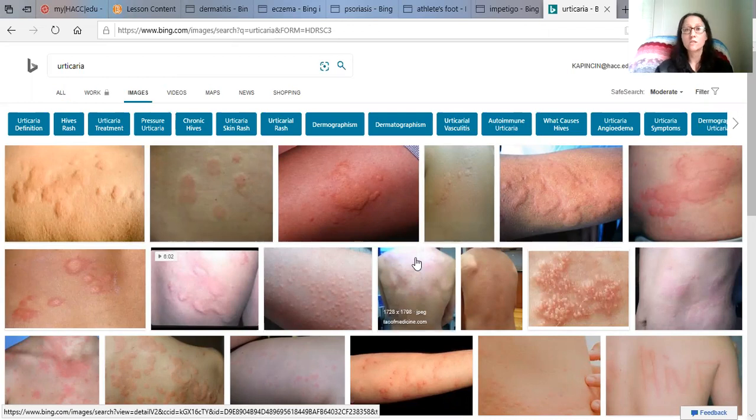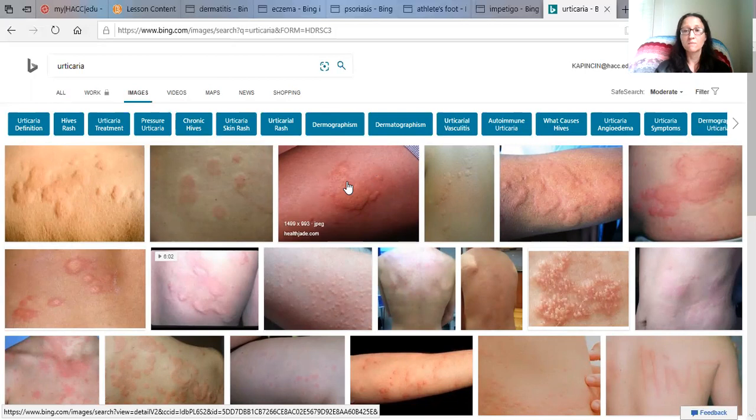Hives are allergic reactions, but the difference between a hive and some other kind of allergic reaction is that a hive or urticaria produces these raised, inflamed patches called wheals, W-H-E-A-L-S. These do subside, although they are highly, highly itchy when they are active, and they are caused by a massive release of histamine in that area.